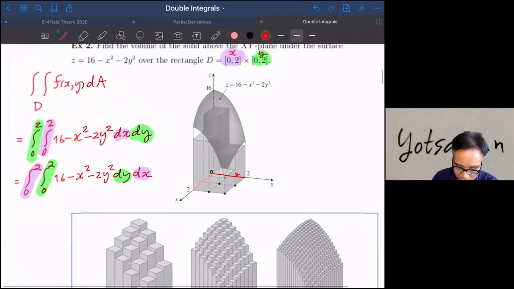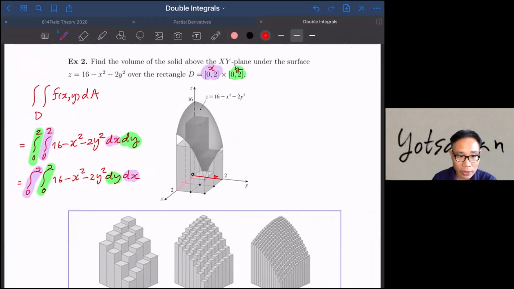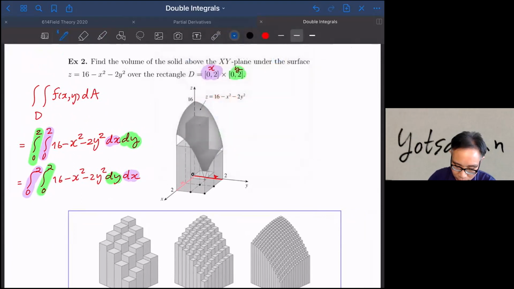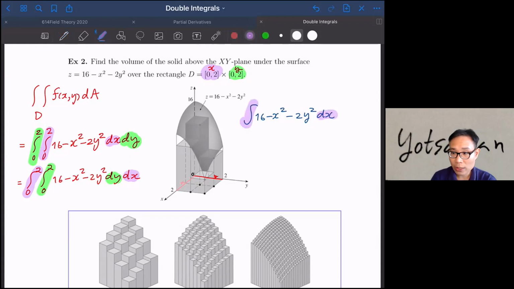Another thing I have to teach you is how we integrate something like this. If I want to integrate 16 minus x squared minus 2y squared dx, the purple one, how could I integrate?